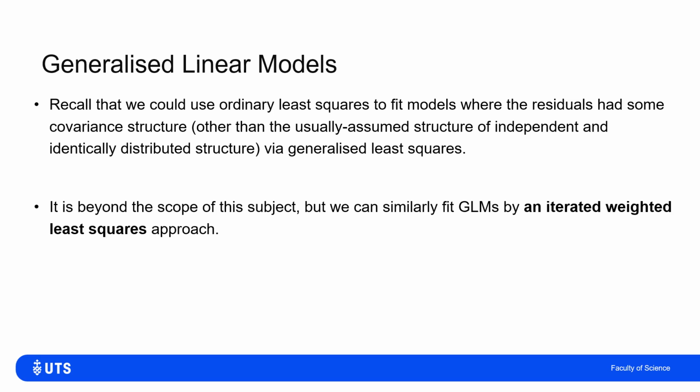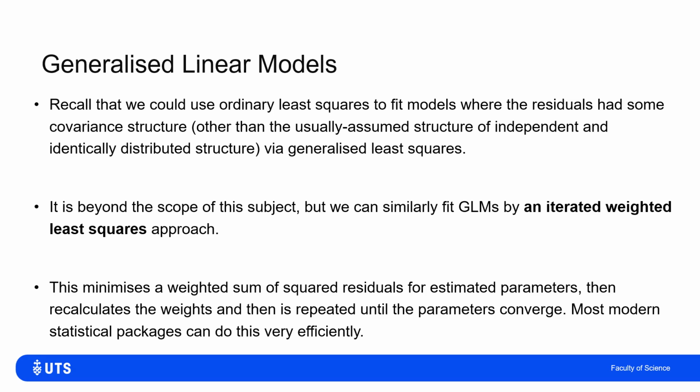And we've got a similar idea here. It's a little bit beyond the scope of this subject, but we can fit generalized linear models through doing what we call an iterated weighted least squares approach. So I'll give a little bit of detail on this, but it's a little bit beyond the scope of this subject to go into fully.